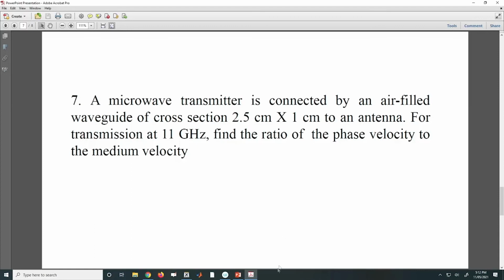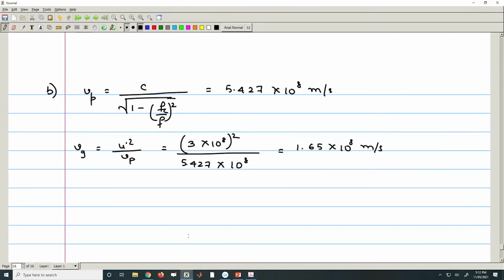Okay. So, again we will start with calculating the cutoff frequency.